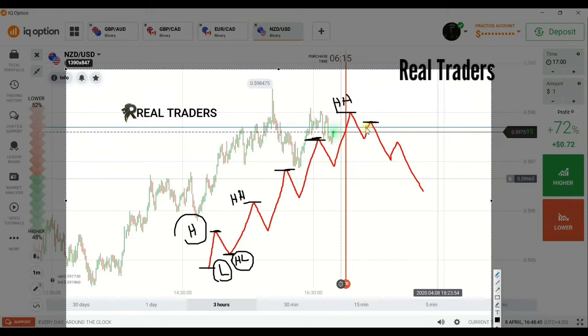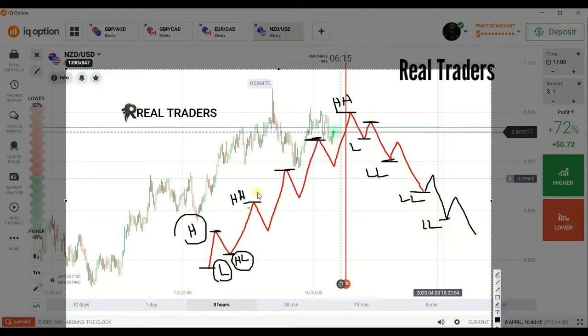If it won't continue to go up, it must move like this again. But now you can see it changed its direction. It is making a lower low, and it is going like this.